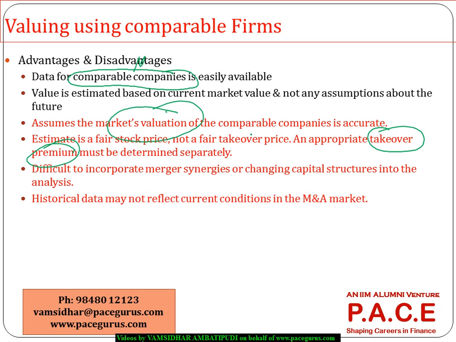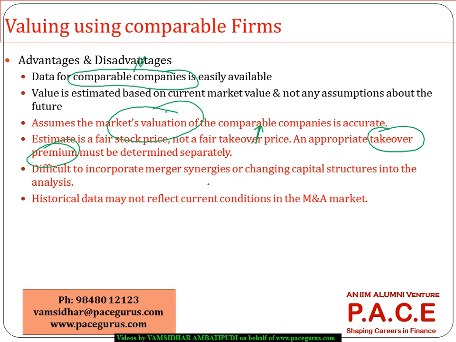So there is no connectivity between these two. The companies which I am using for computing the price and the companies which I am using for computing the takeover premium have no linkage between them. That's probably the reason the takeover premium which I am computing may be prone to some error.